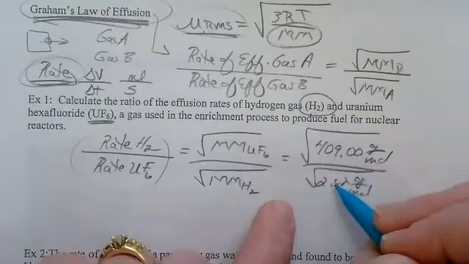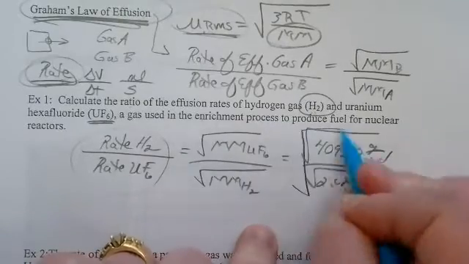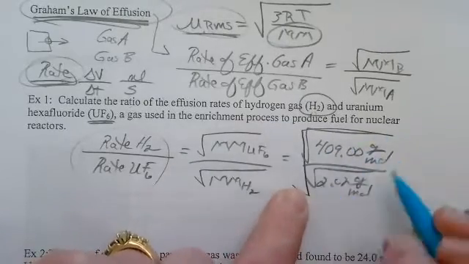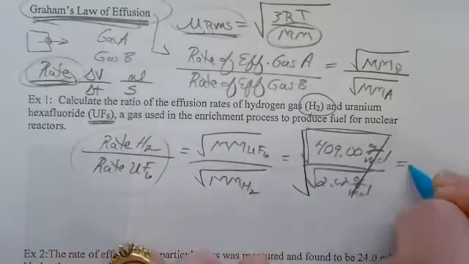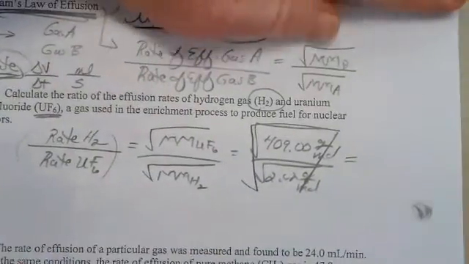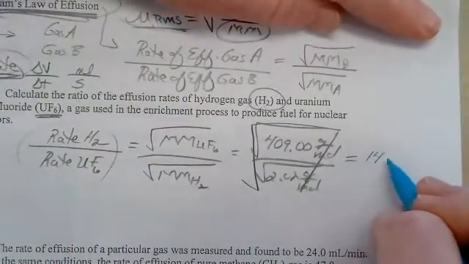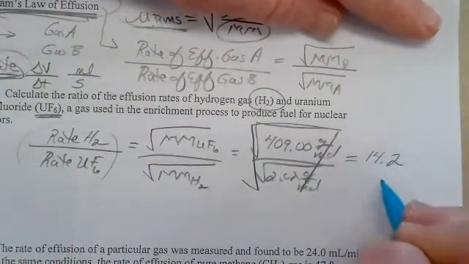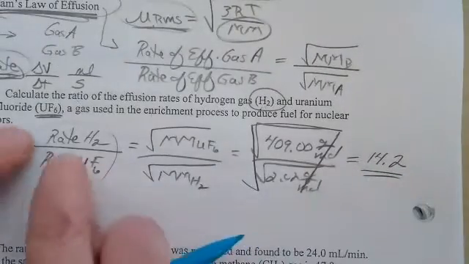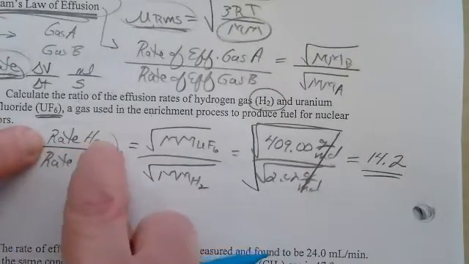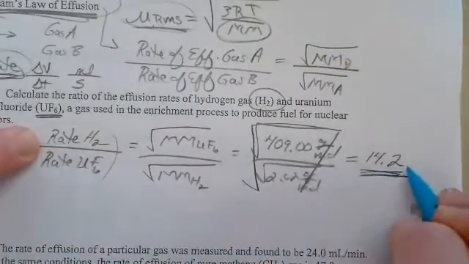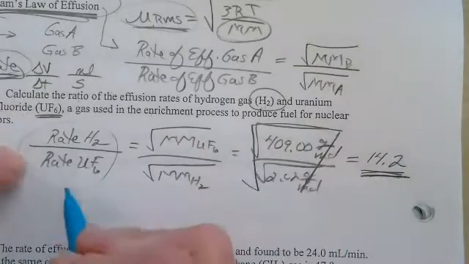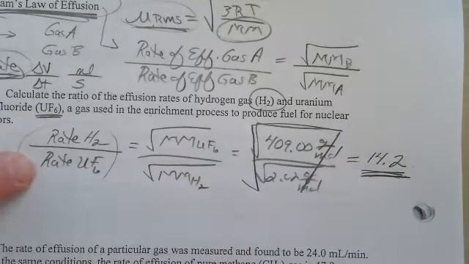I would just divide these and take the square root, and the units cancel. And the answer that we got, 14.2. So what that means is hydrogen effuses 14.2 times faster than uranium hexafluoride.